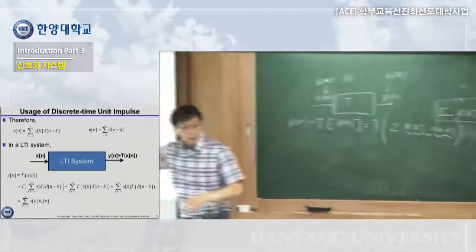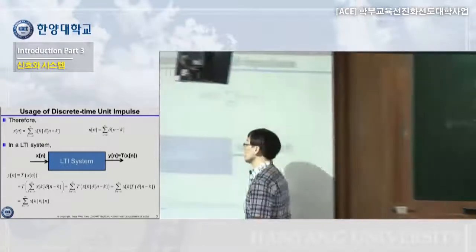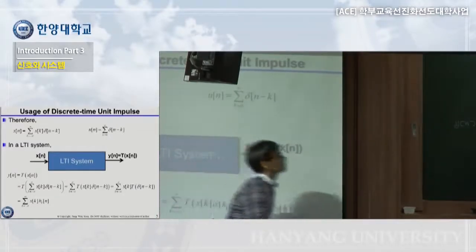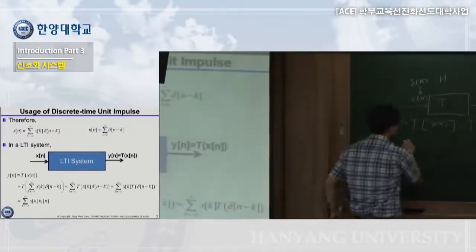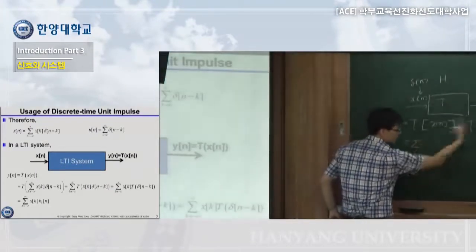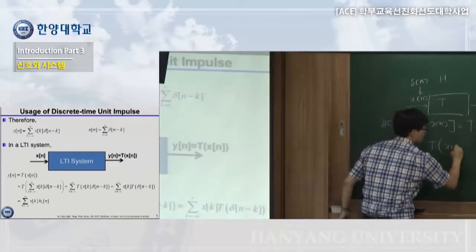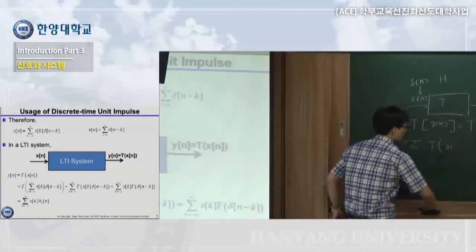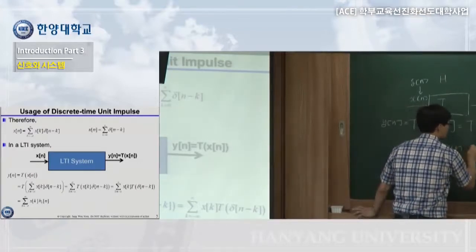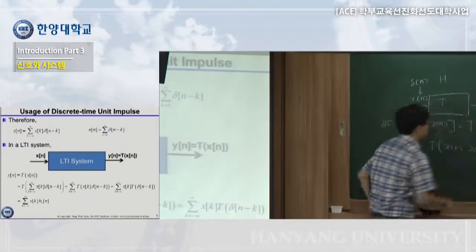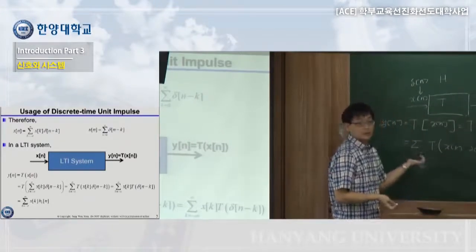As this is a linear system, we can take this out, right? We are taking this out from the system, like this, because it's linear.